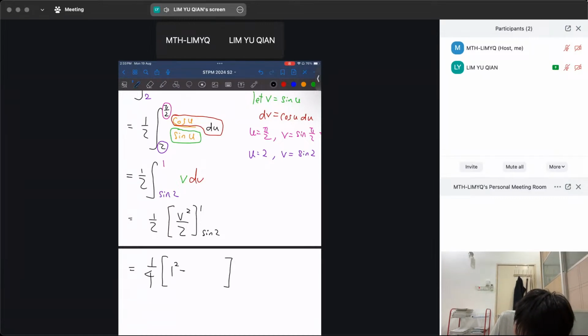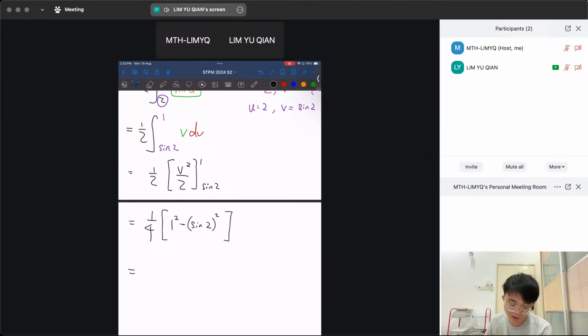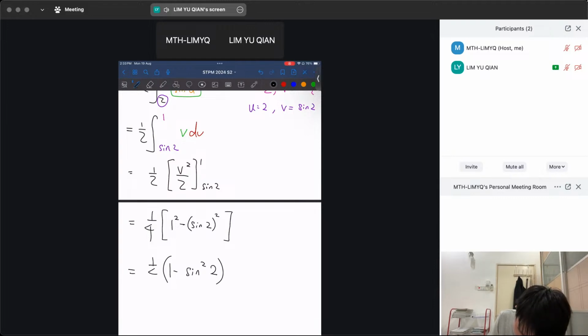So 1 square minus sine 2 square, or normally we write sine square 2. So 1 minus sine square 2, over 4. That's the final answer.